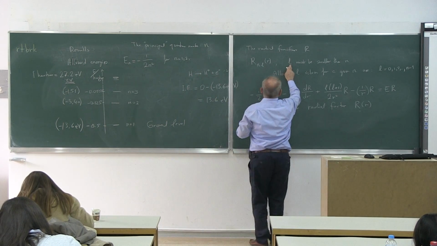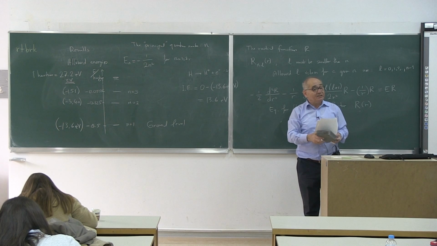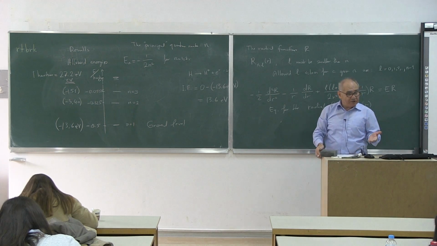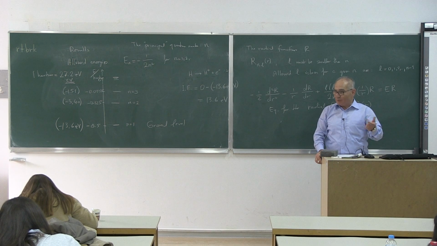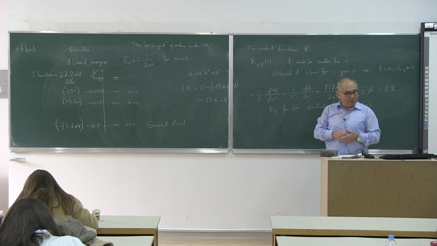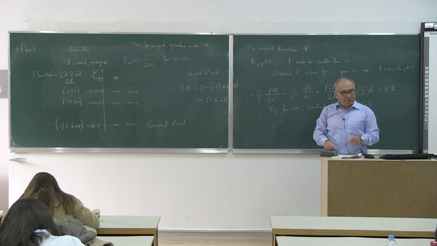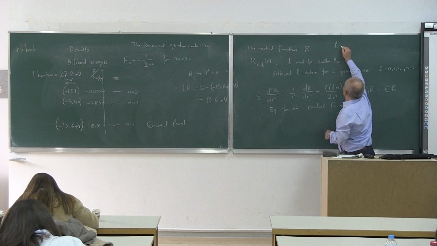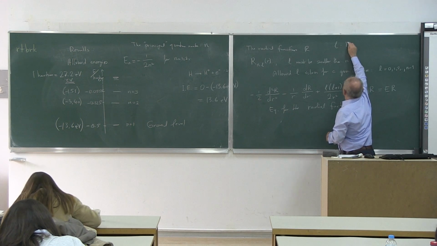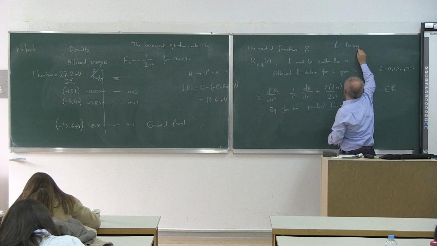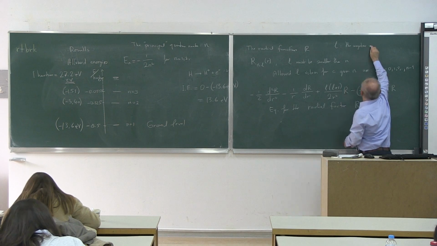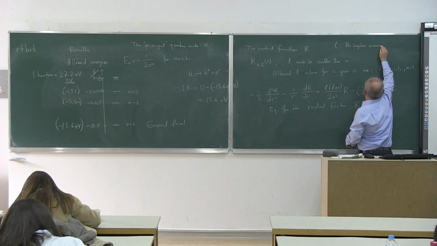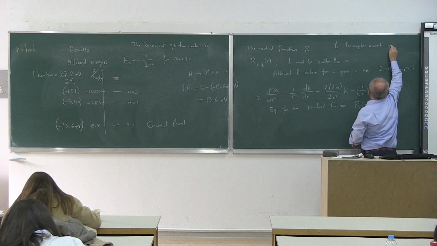This quantum number L takes its name from its definition. L is related with the angular momentum. So the name of this quantum number is the angular momentum quantum number.